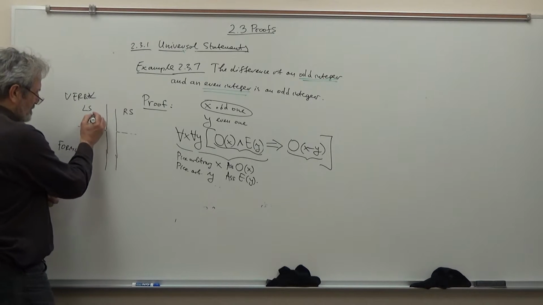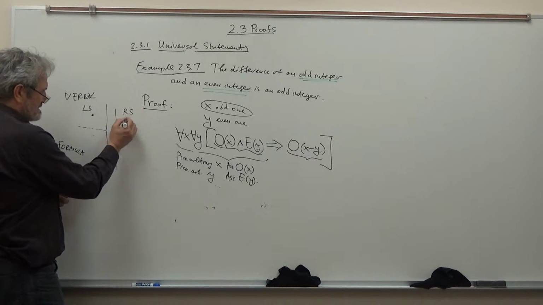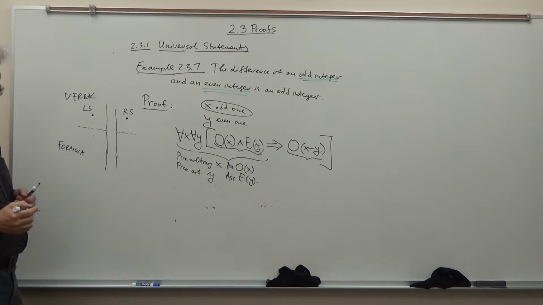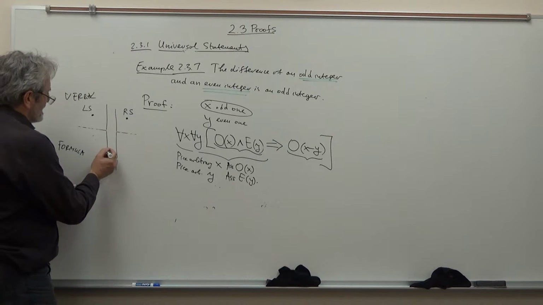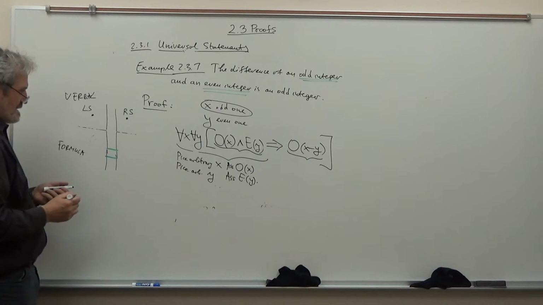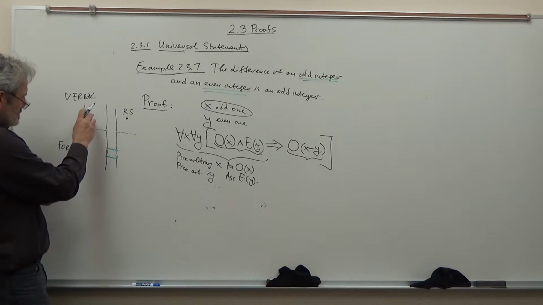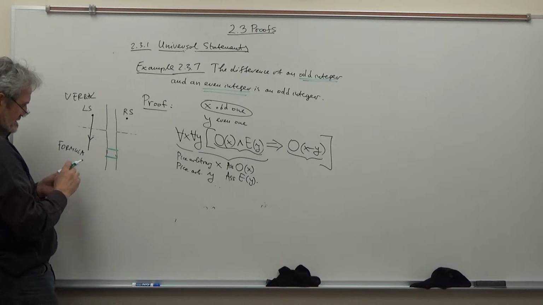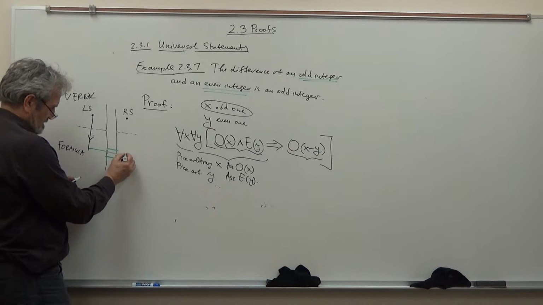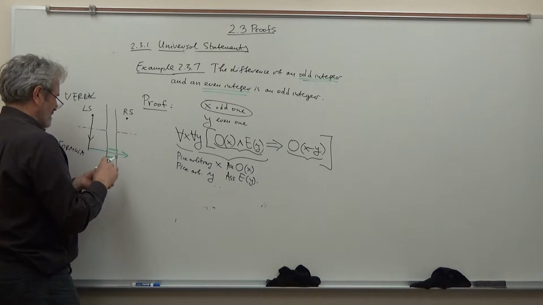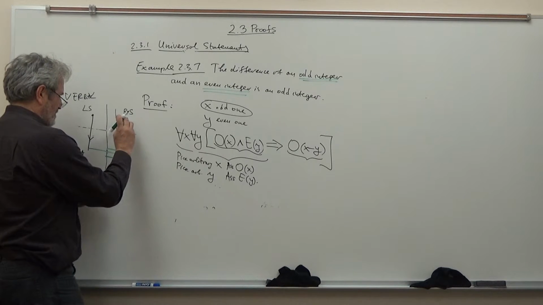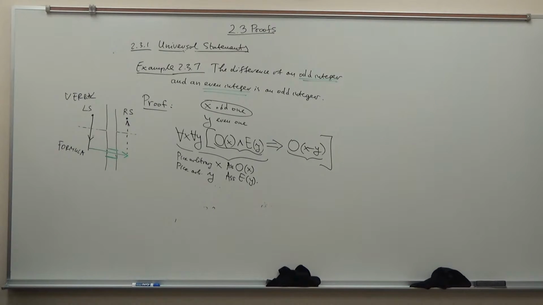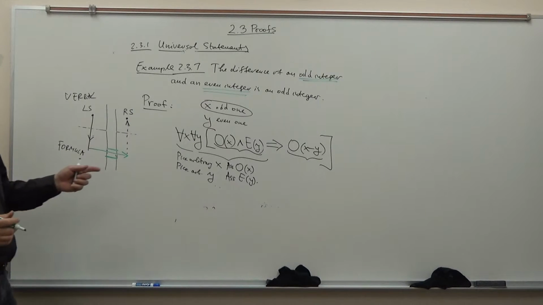You want to go from the left side to the right side. This is your verbal statement, and formal has a bridge, and that's your knowledge of mathematics and formulas. So what you do, you go from verbal into formulas. That's what we learned today. Then you cross the river in the formula land, and then you go back from formulas to the verbal statement. So that's what we did here.